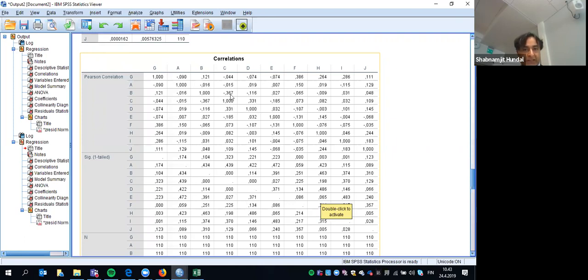Look at this one, yeah, C and B. Yeah, this is very significant. Look at that. C and B correlation is negative. So the relationship between C and B is negative, and the significance is 0.000. It means what? You are saying almost with 100% confidence that the correlation between B and C is significant.